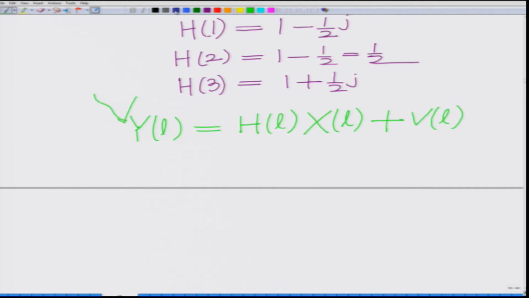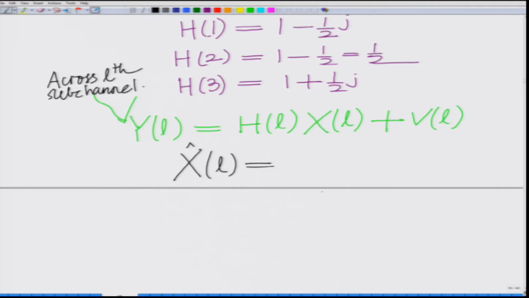Therefore, the estimate X hat of the lth FFT coefficient across the lth sub channel is simply YL divided by HL.